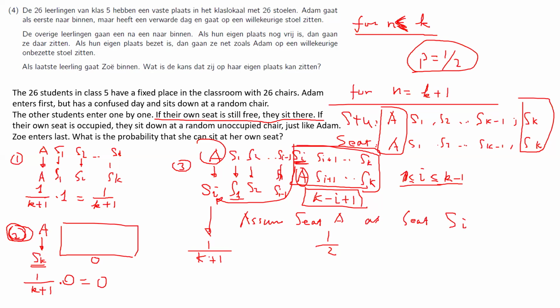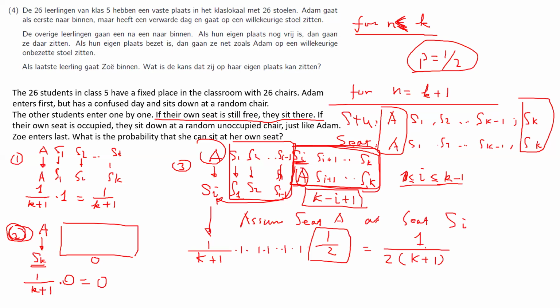For the intermediate steps, S1 till S(i minus 1), it's all 1, because there are no other possibilities, right? And for the rest on the right, from SI to Sk, the probability is half, as we assume. So in total it is 1 over 2 times k plus 1.